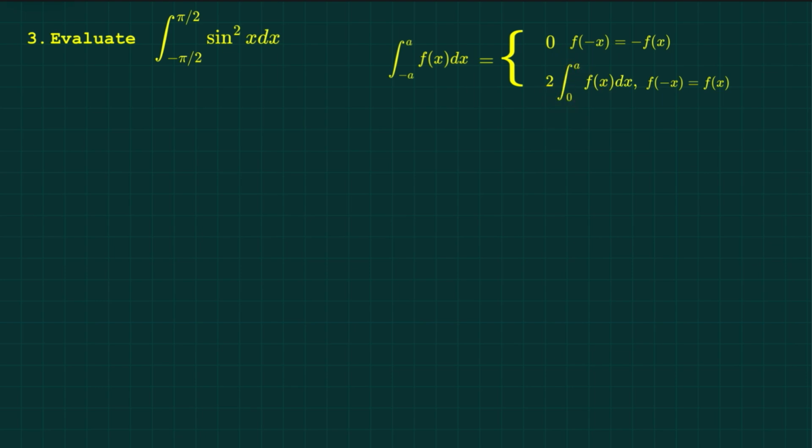This integral will be 0 if f of minus x equals minus f of x, that means if the function f of x is an odd function, and it will be 2 times integration from 0 to a f of x dx if f of minus x equals f of x, that means the function is an even function.